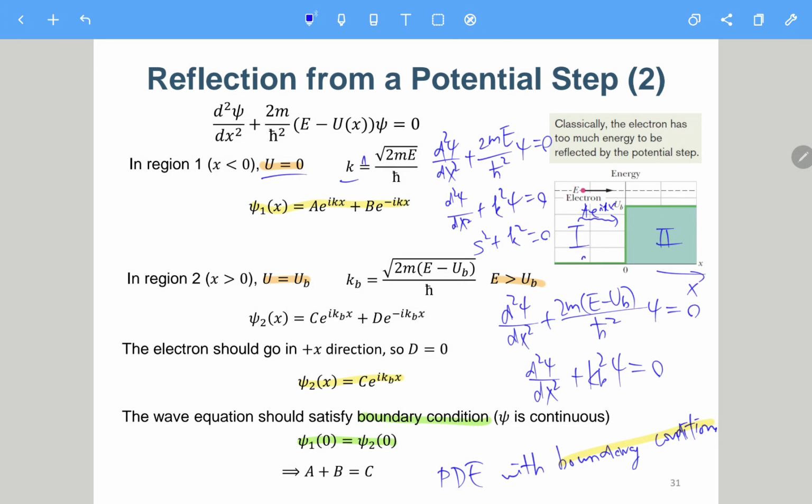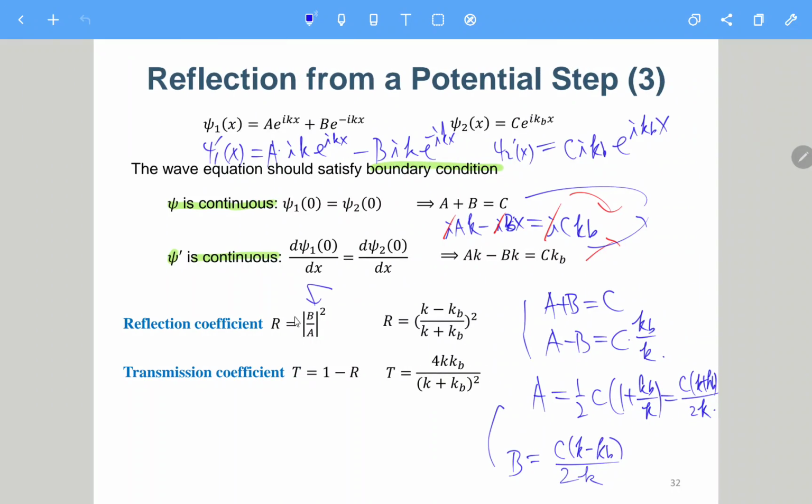And also we have B exponential to negative ikx propagating to the left side. And then here we have C exponential ikbx, which just goes through the potential step. So the refraction coefficient is like the probability of this wave divided by the probability of this wave going to the right side.